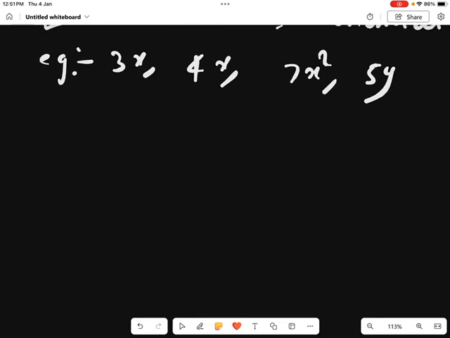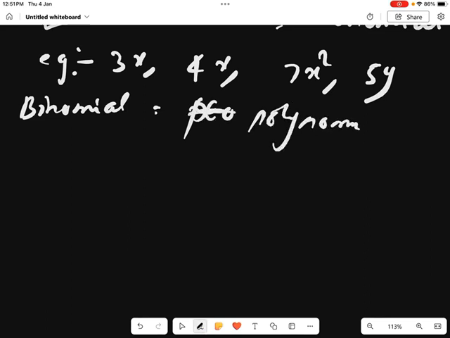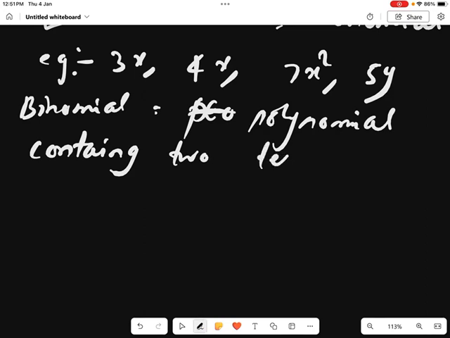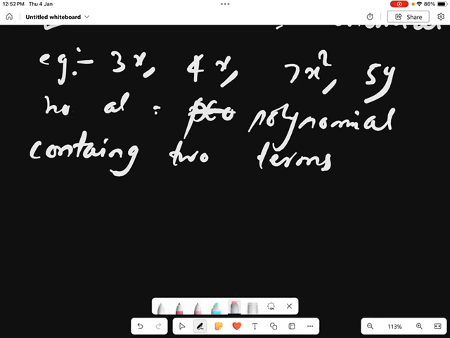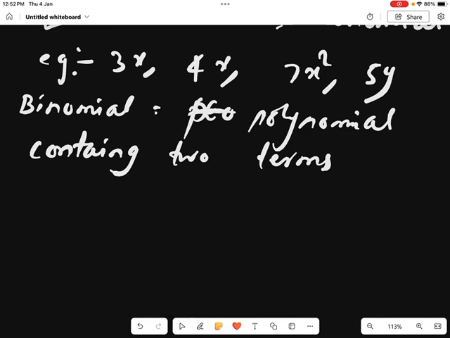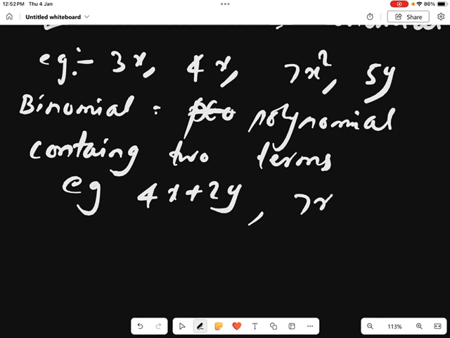Next is the two-term polynomial. A polynomial containing two terms is called a binomial. Examples of binomials are 4x plus 2y and 7x square plus 4.